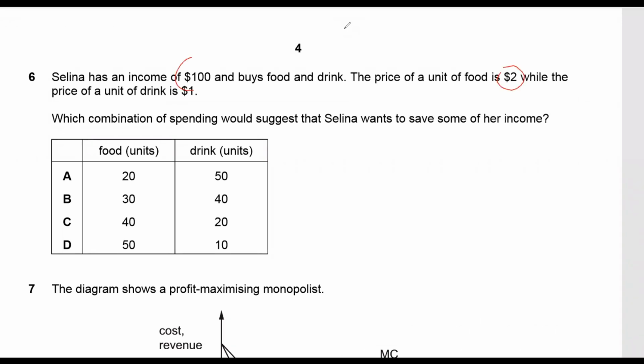If consumer has $100 income, if he purchases 20 units of food and price of food is $2, so 20 into 2 is equal to 40. It means $40 is spent on food, and price of drink is $1, so 50 into 1 is equal to 50. So total income spent by her is 40 plus 50, that is equal to 90, and total income was 100. It means she is saving $10.